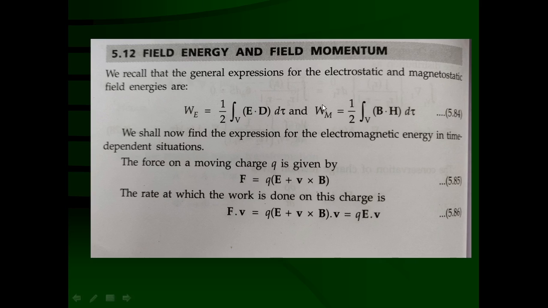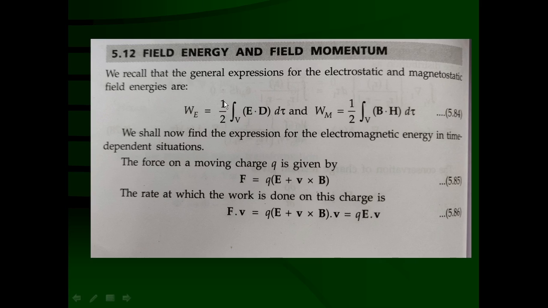We have already studied earlier that if a static electric field and a static magnetic field are there, that means independent of time, a function of r only, then the electric field energy and magnetic field energy can be given by these expressions. W is equal to 1/2 volume integration of E dot D d tau.